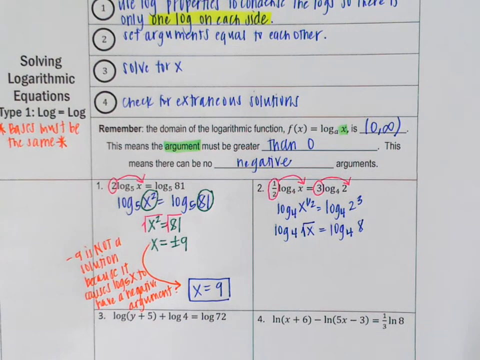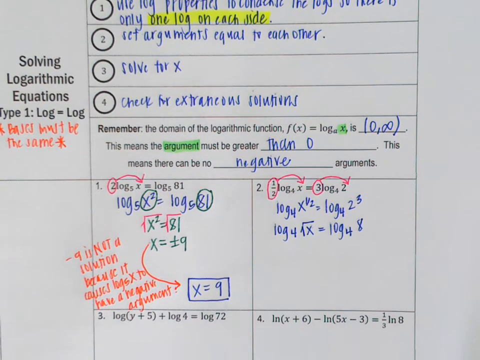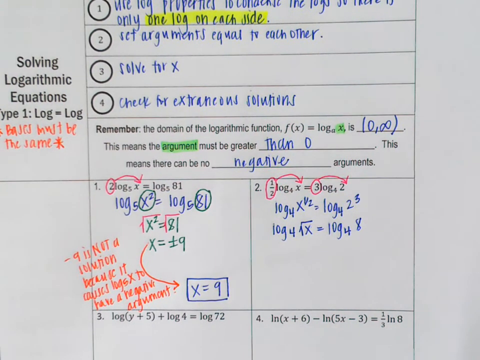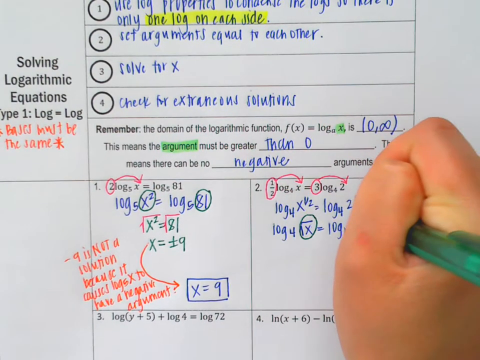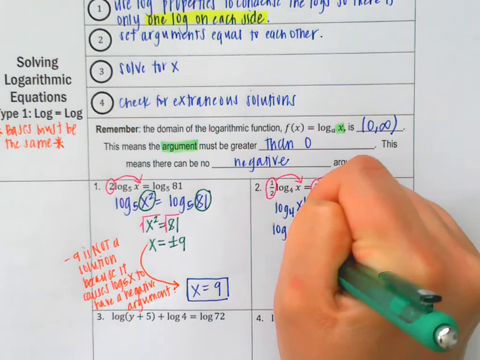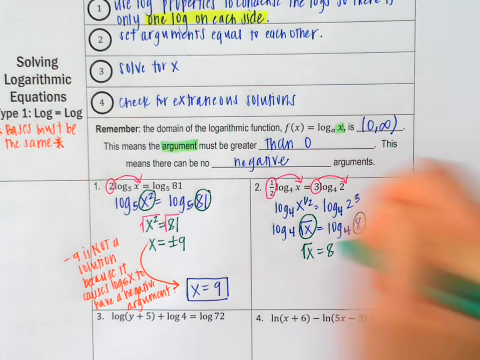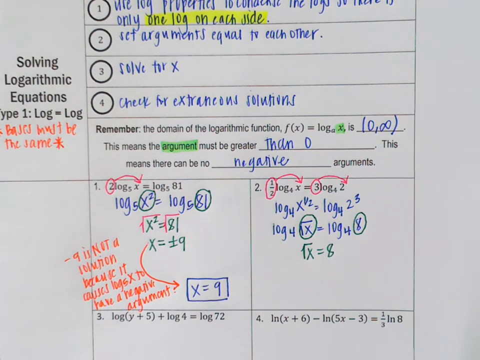Okay, so now what would be my next step? If you recognize, we have 1 log on each side. So now I can set my arguments equal to each other. Rad x equals 8. Now that we have rad x equals 8, we can start to solve for x.